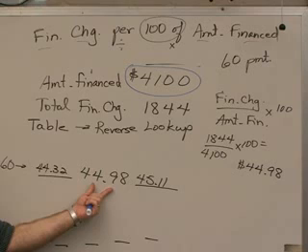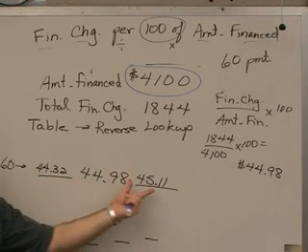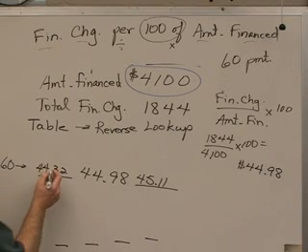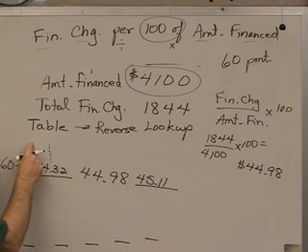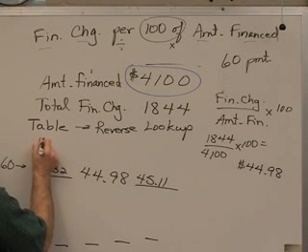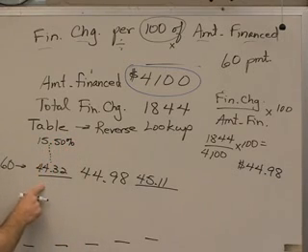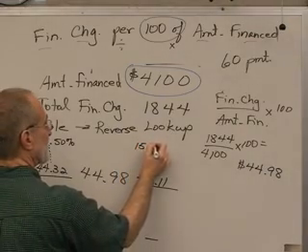So we didn't find our number, and we didn't expect to, but we found the two numbers that our number lies between. So what we do is we go to the top of this column and say, what interest rate produced this number? At the top of that column, 15.5. So 15.5% interest produced this number, and since the table goes in quarter percents, is this 15.75?